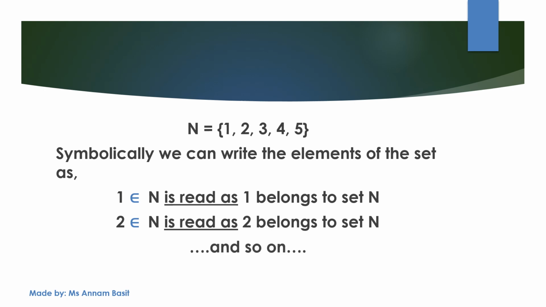So you're not going to write the whole sentence that 1 belongs to N, 2 belongs to N, 3 belongs to N, 4 belongs to N, and 5 belongs to N. You're just going to write 1 epsilon N, just like this written on the slide in front of you.